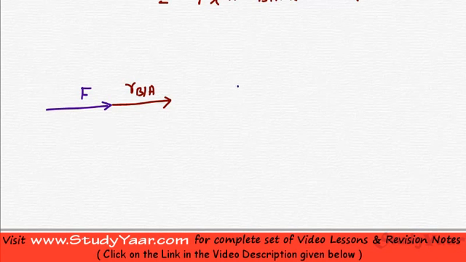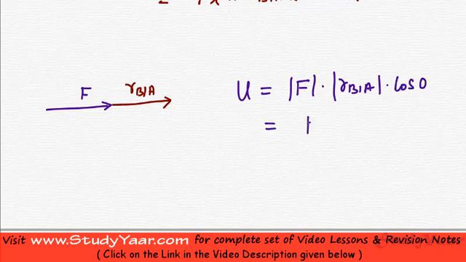Therefore your work done is going to be F RB by A cos 0. So your work done is now positive. So this is F RB by A, that's it, since cos 0 is 1.